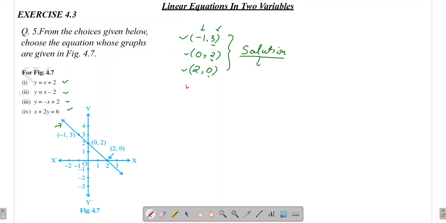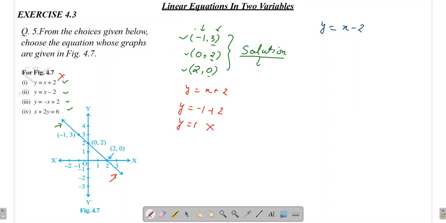It is y is equals to x plus 2. So I'll put x as minus 1. So if I'll put x as minus 1 plus 2, it gives y is equals to 1, which is not equals to 3. So the first equation is not representing this line. Now let's take the second equation. It is y is equals to x minus 2.